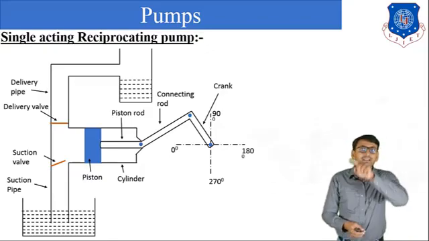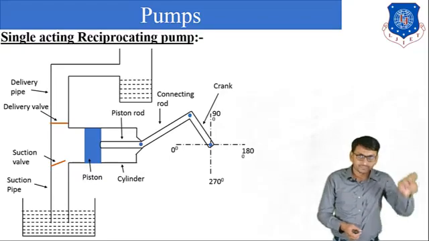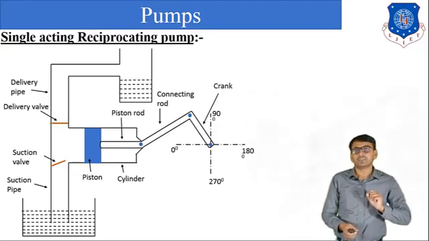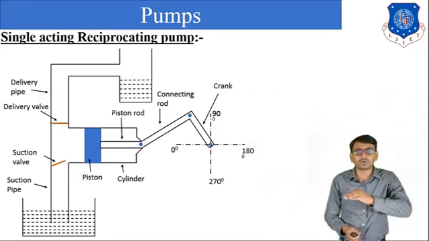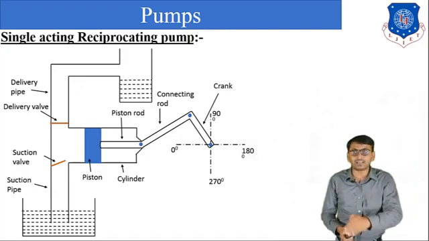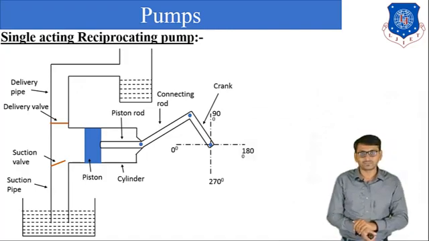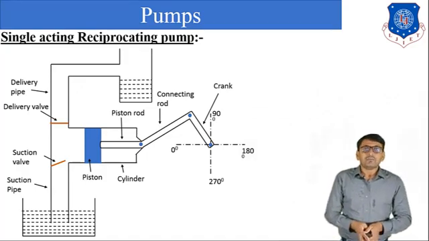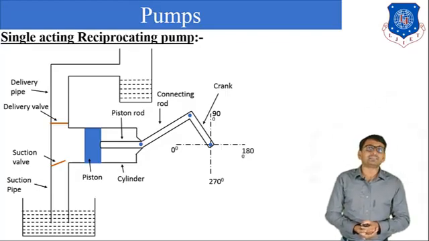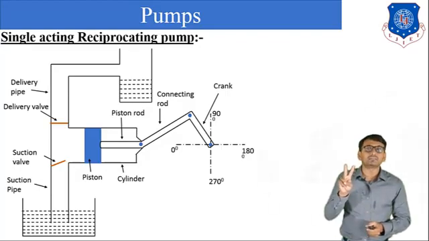So crank rotates in clockwise direction, from 0 to 90, 180, 270, 0, 90, etc. And one cycle of this pump is completed in 2 strokes. First, suction stroke, and second, discharge stroke.